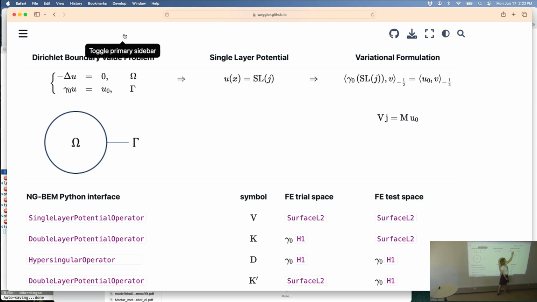It's a variational formulation in the end. If you discretize this variational formulation, you end up with a matrix. It's called the single layer potential operator. J is your ansatz for your density, which is unknown. M is a mass matrix, and U0 is the Dirichlet data.